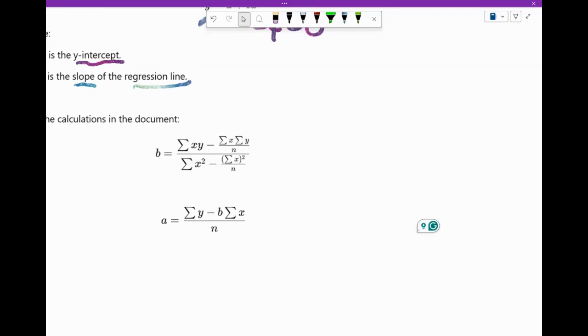So this is there, this is 4. So now we need to insert all those values.